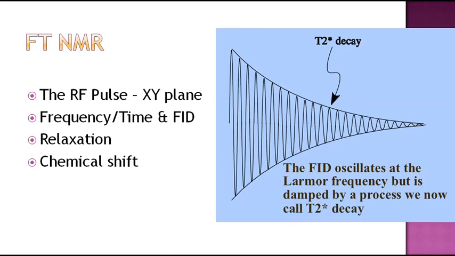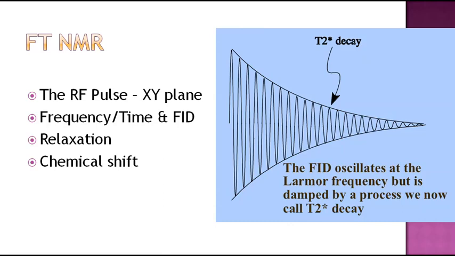When a 90-degree radio wave pulse is given, the precession changes into the XY plane immediately. The precessional direction changes to the XY plane.